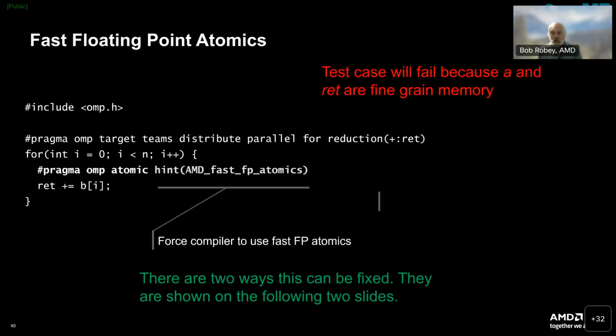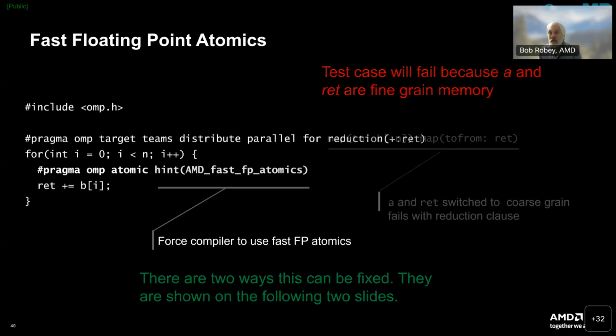So now we use the fast floating point atomics, those hardware atomics. We're going to add this fast FP atomic, and we have a pragma call right here. And it will fail because we haven't done anything to make sure this is coarse grain memory. It's fine grain memory. Fast atomics will fail on fine grain memory.